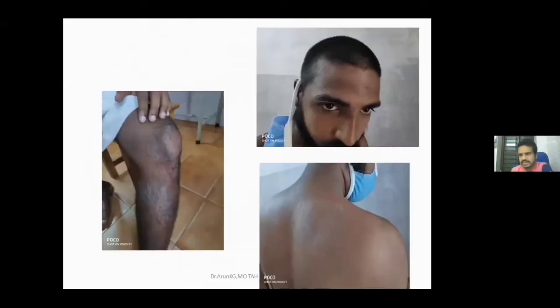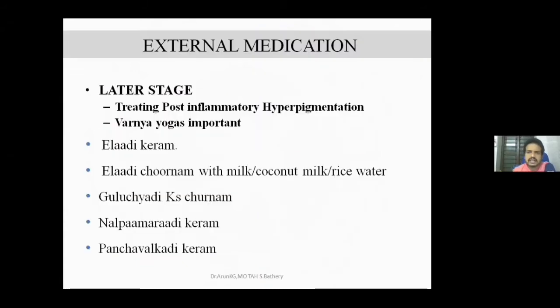Nowadays, here we are getting so many cases which are very widespread, in all family members affected, like those lesions we are getting. And this thing also we have to keep in mind in later stages, after curing that itching and all, for getting rid of post-inflammatory hyperpigmentation and all, we have to administer some Varnya yogas.